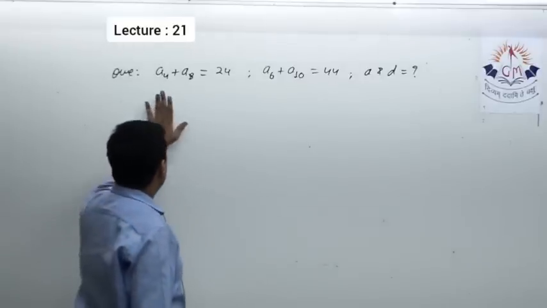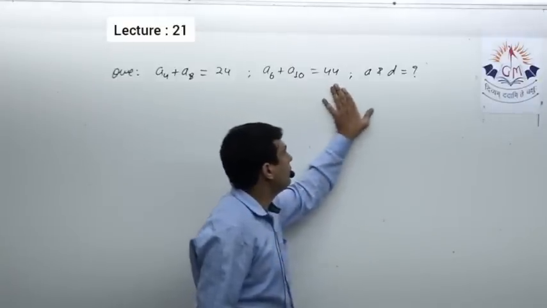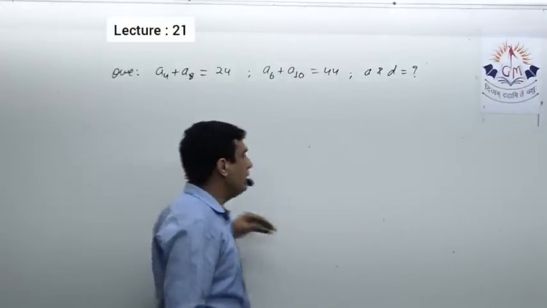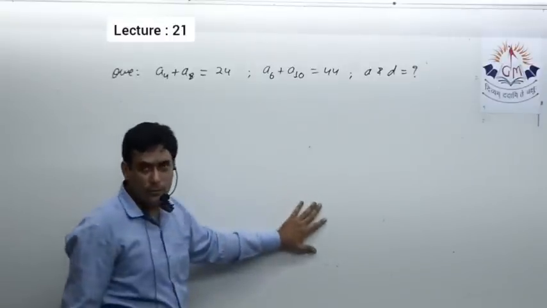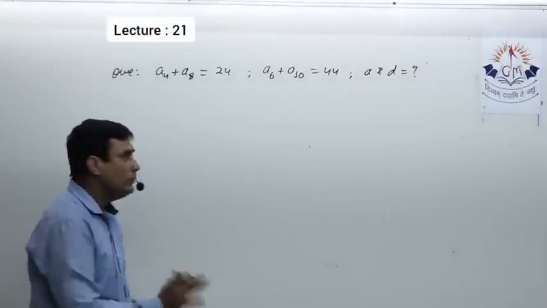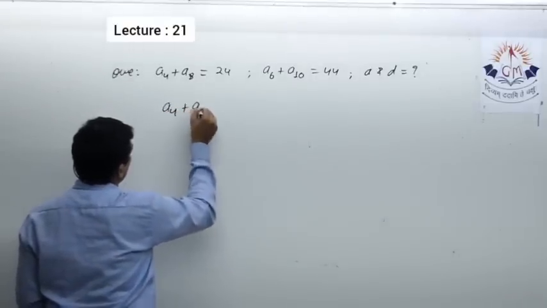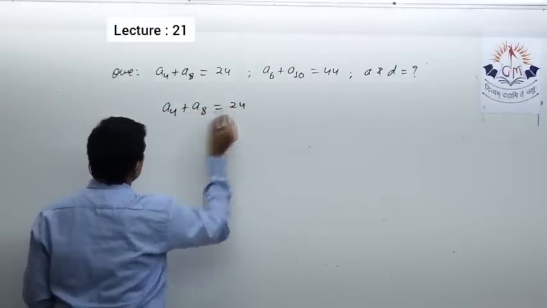So A4 plus A8 equal to 24, A6 plus A10 equal to 44, then you have to find A and D. I'm not going to give you the complete solution of this. I will just start and leave the remaining for you to do at home. So A4 plus A8 equal to 24.